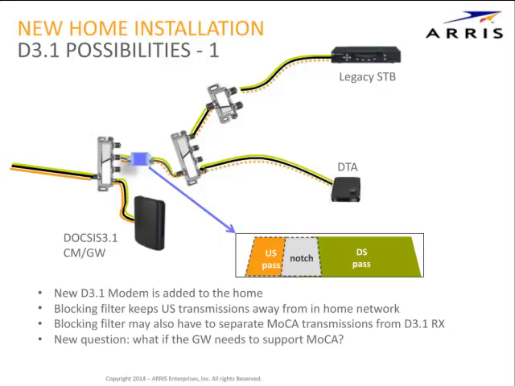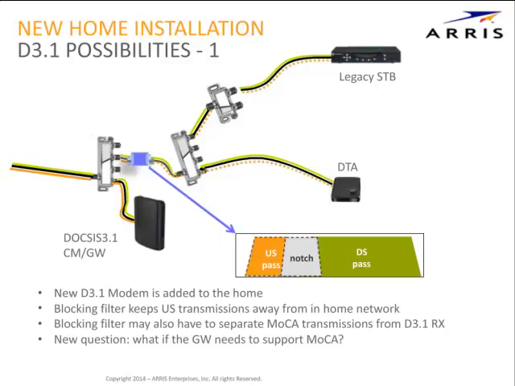One question that we're all still looking at is this: this blocking filter can easily separate an existing MoCA network from the new DOCSIS 3.1 modem. A complication here is, well, what if that gateway also needs to support MoCA?